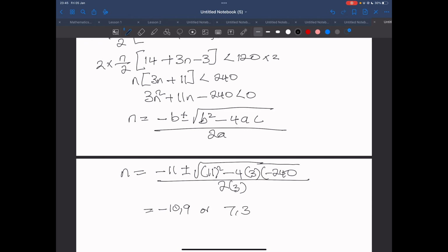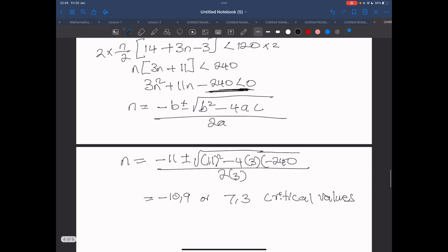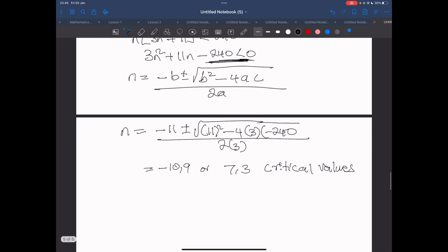But these are not really the values of n. Remember, this is less than, and because it's less than, we need to remember that these are just the critical values. They are not really the answers to our question. So remember how we deal with inequalities. We put the negative 10,9 here, and the 7,3 there. Our question is less than, so it means it's below there.